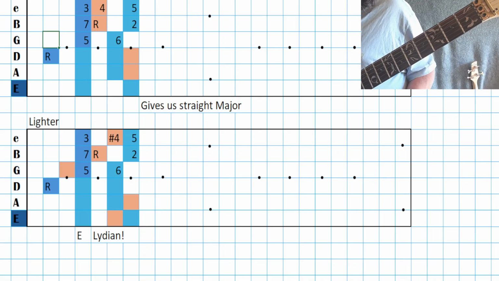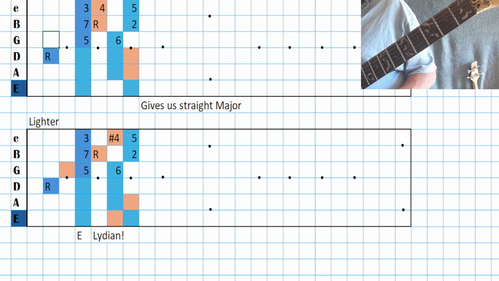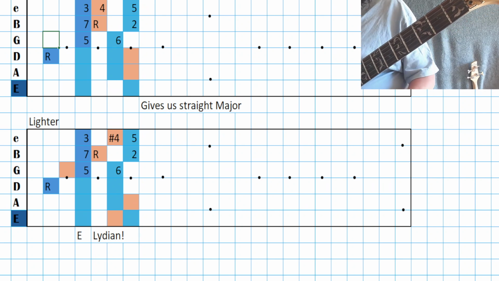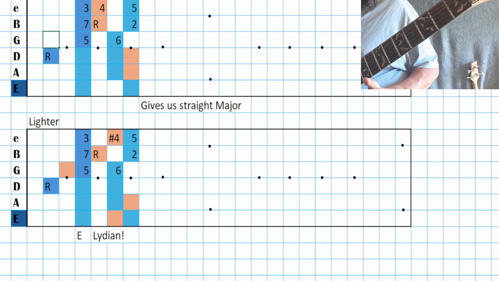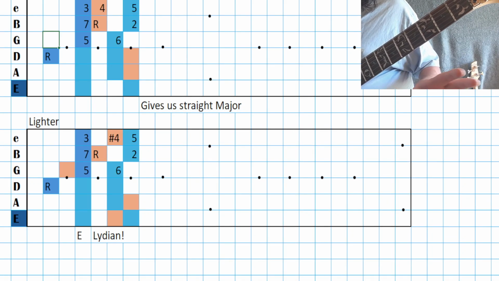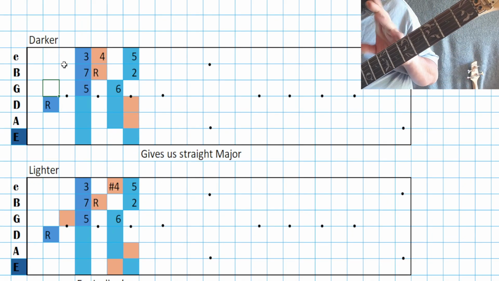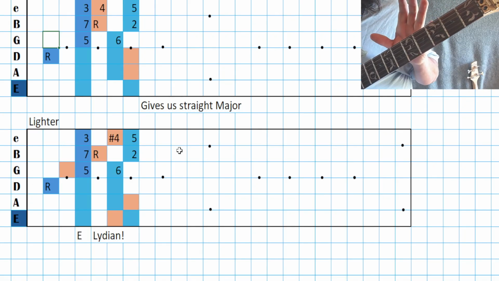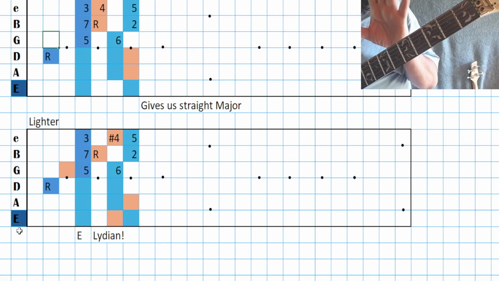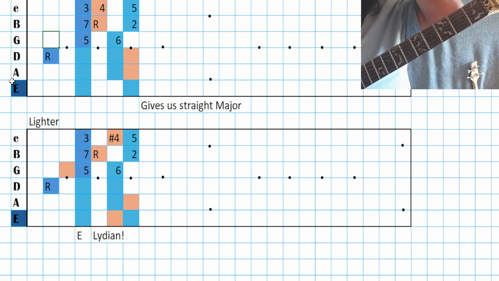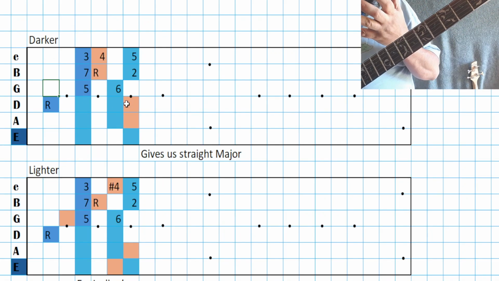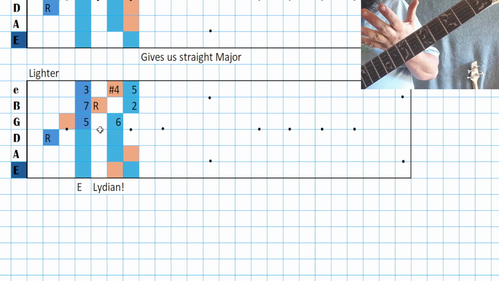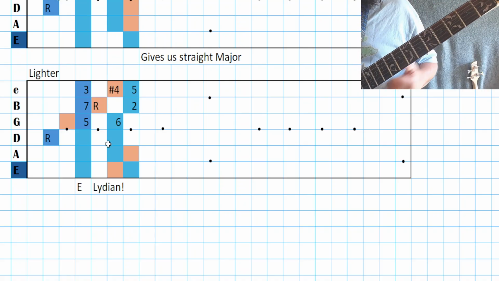But now there's more. There's this little thing happening, or possibility, for every one of those different shapes. So we just discovered that we got major and Lydian, and it's both E. By the way, you say, well, what Lydian, what major? Well, our E is our tonal gravity. So we just went from E major to E Lydian, a one-note difference.